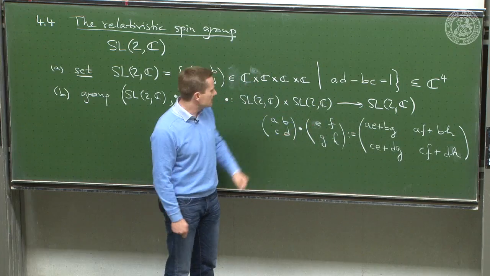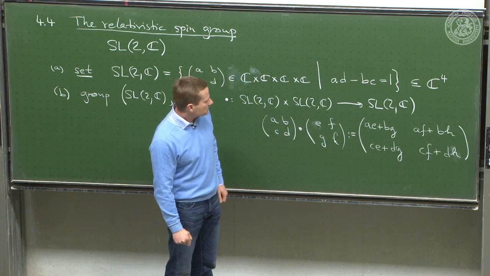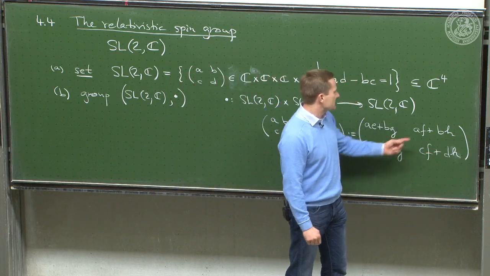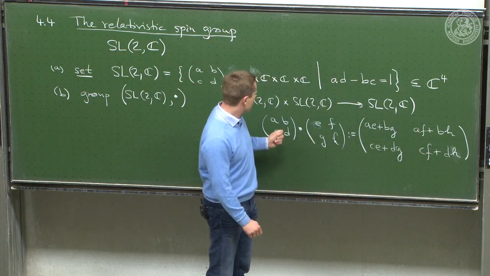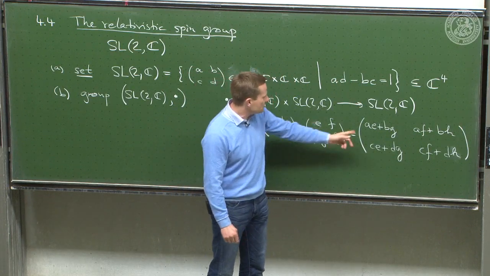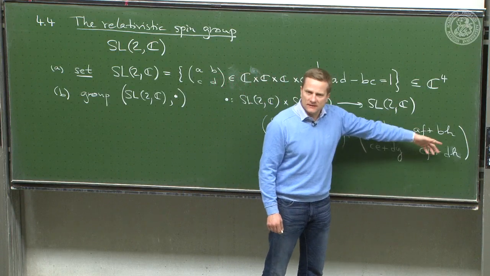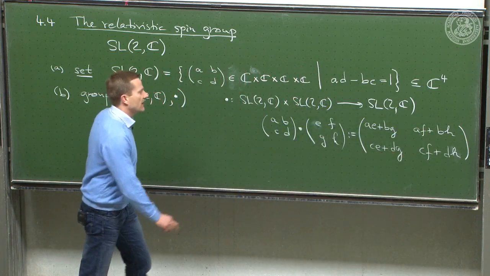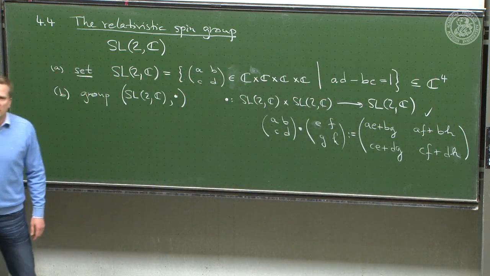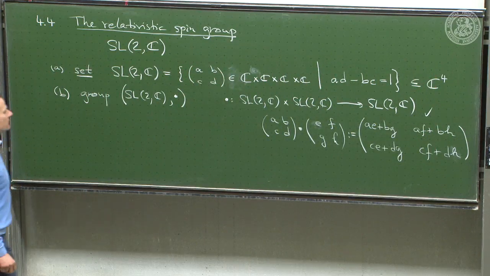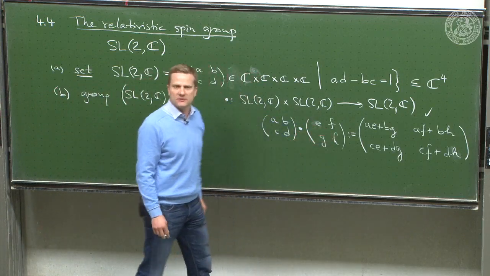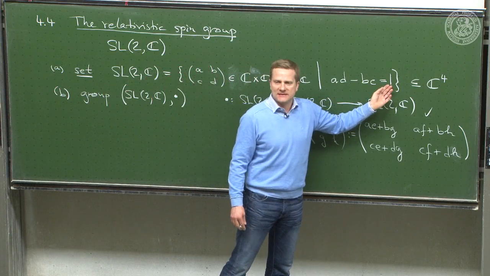We could now check this by hand. Well, yeah, you could. You multiply this with this, and you subtract this, and you'll reduce it. If you know that AD minus BC is 1, and you know that EH minus FG is 1, you will find that also here this rule is satisfied. So this needs to be checked, but it, of course, applies. Or if you want to think in terms of determinants, of course, the determinant of a matrix product is the product of the determinants, so it will stay 1.